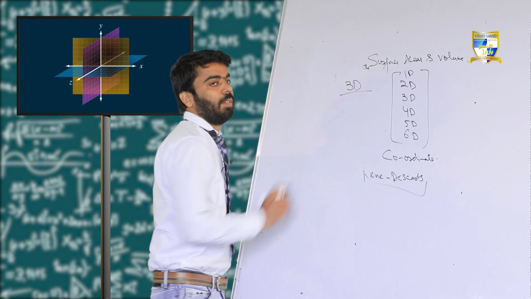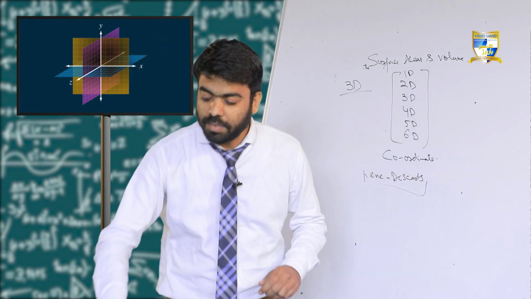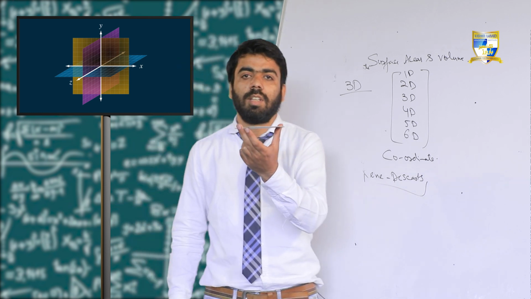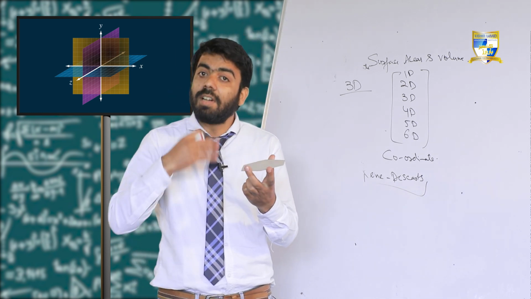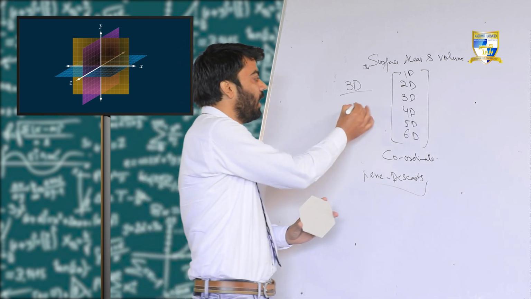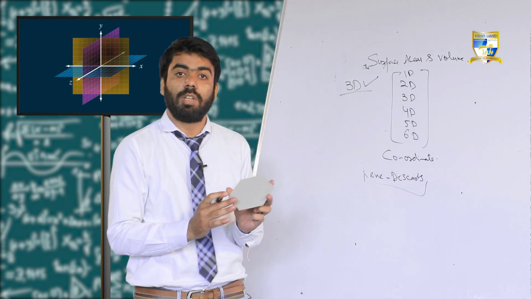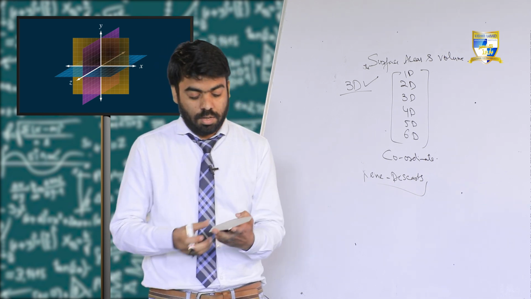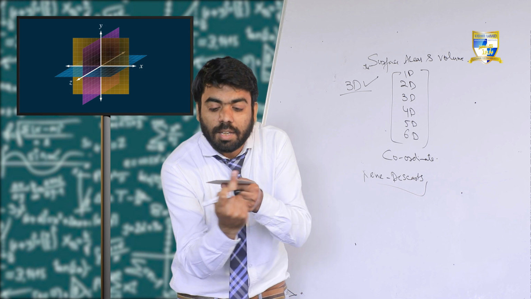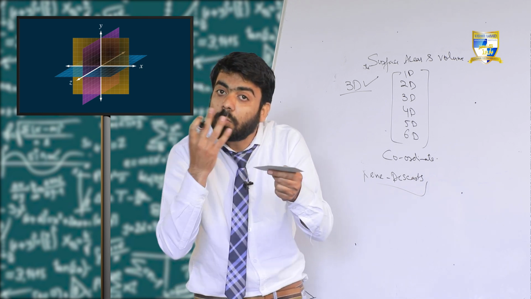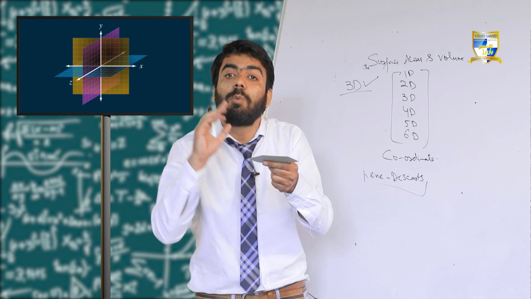I will take an example. I have this plane. We generally say, sir, this is a 2D figure. But I will tell you, we are wrong. This is not 2D, this is basically 3D. So how can I defend that this is 3D? This is one axis, the x-axis. This is the second axis, the y-axis. But what about the z-axis?